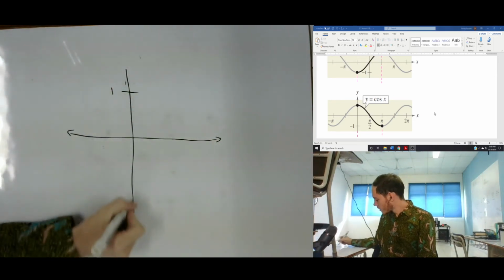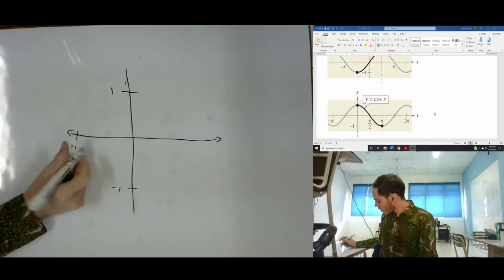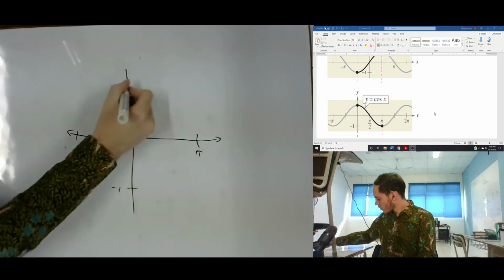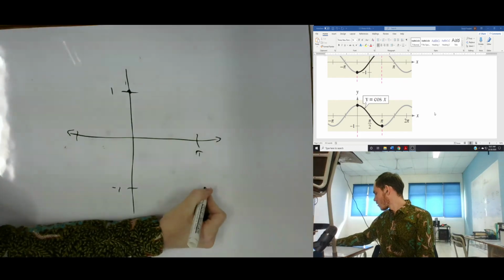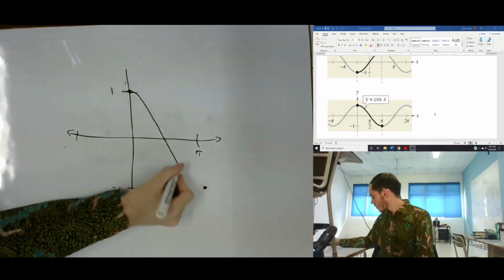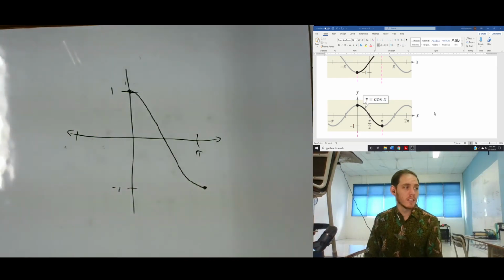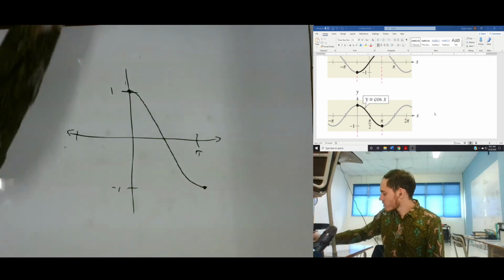So again, 1, -1, 0, and pi. So something like that, that's going to be cosine. Obviously, mine's not exactly accurate, but you can get the picture. Okay, that's our restricted domain.